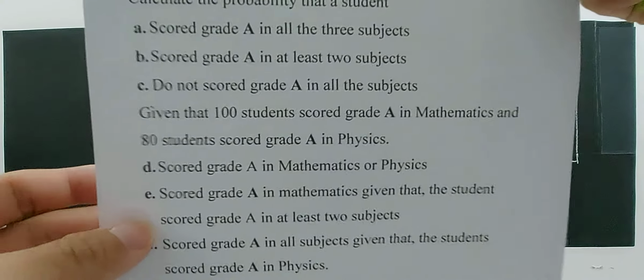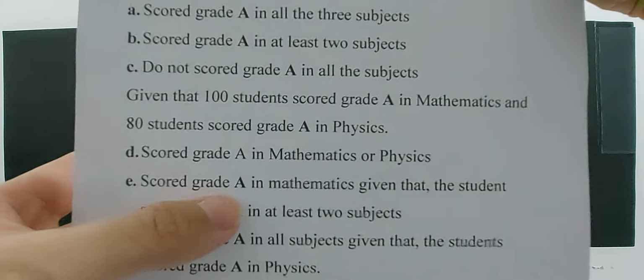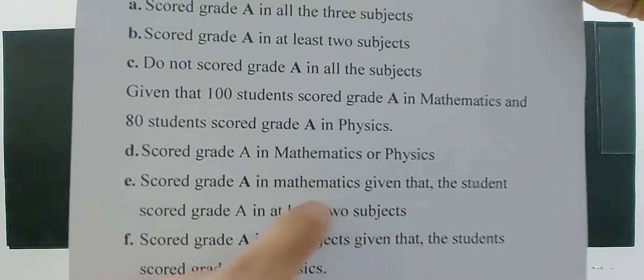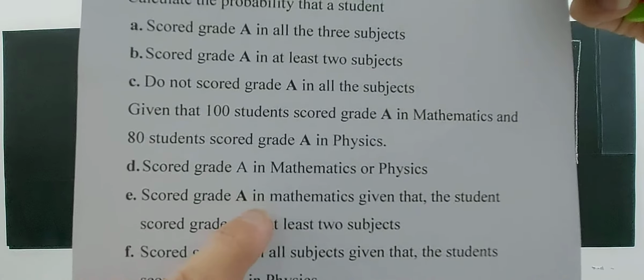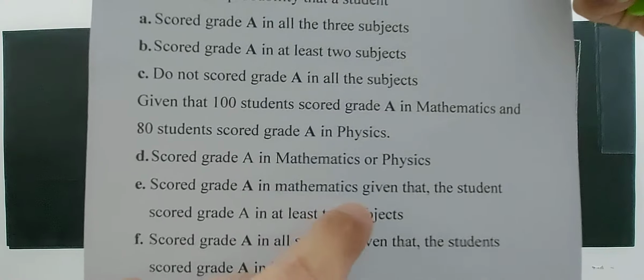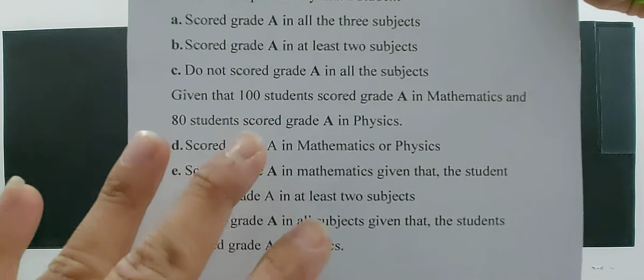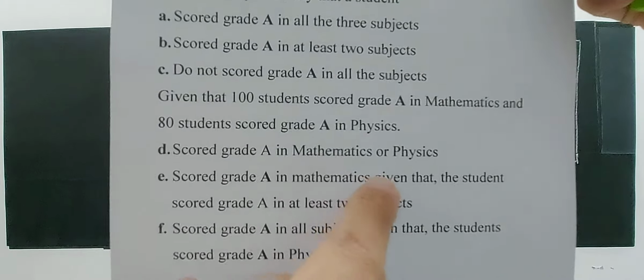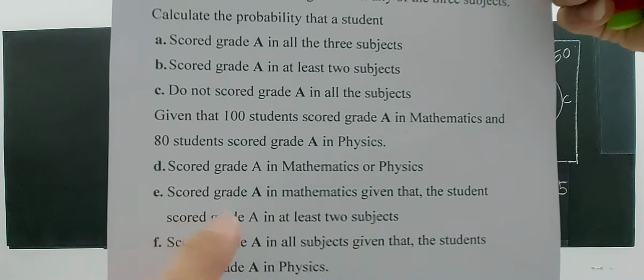It is a conditional probability because they have given you some information: score grade A in mathematics given that the student scores grade A in at least 2 subjects. Be careful with this question.